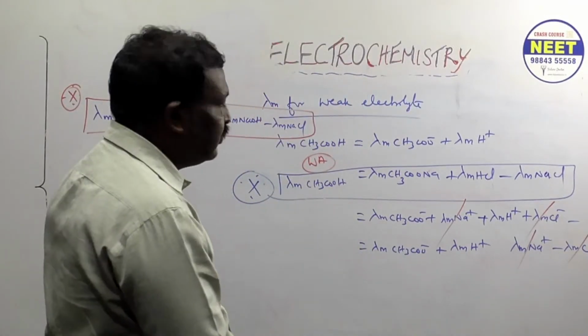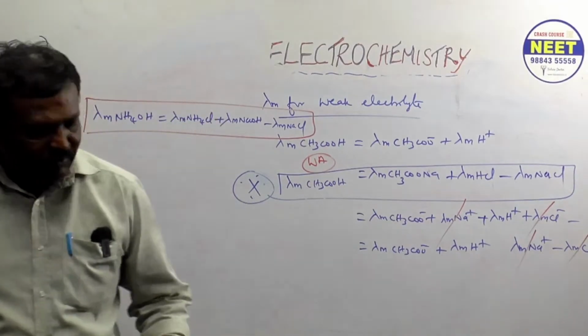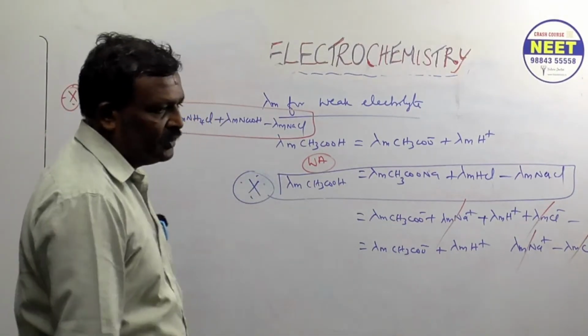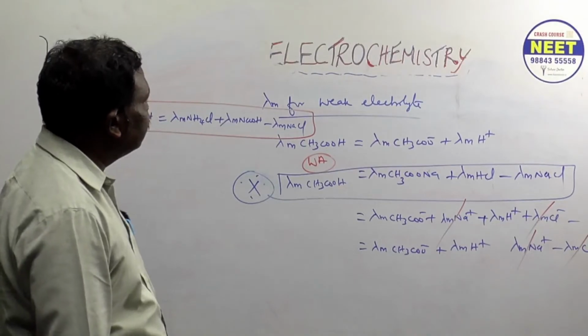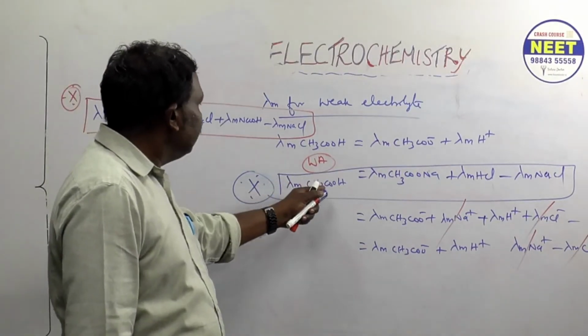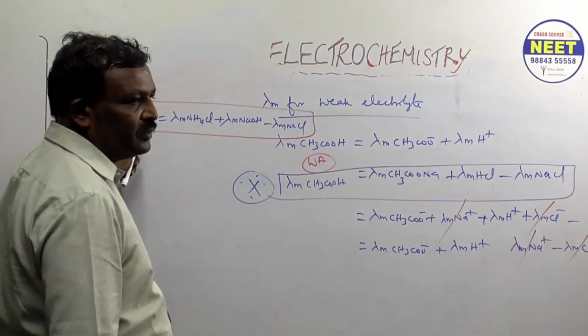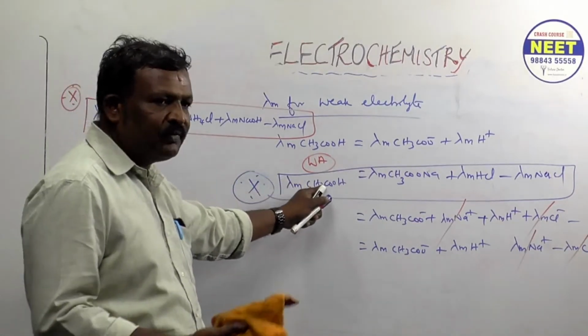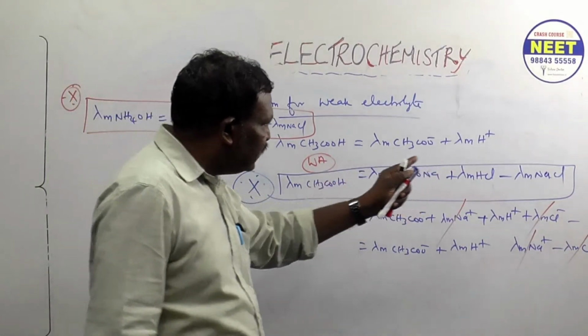Okay, right. Get fast. These two formulas only keep in mind. Solve. This is for weak acid, this is called weak base. Weak acid we cannot find out directly, then only we are finding in this way.